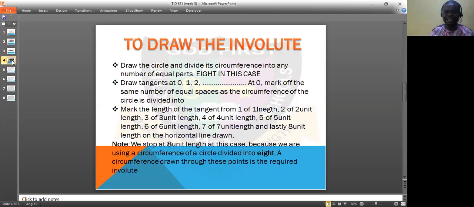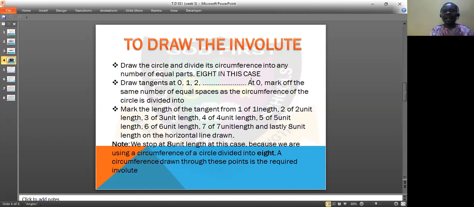The circle is drawn with a radius of 3 centimeters. That 3 centimeters gives you a diameter of 6 centimeters. Don't forget the difference between a radius and a diameter. We've treated those things in our first term. After drawing this circle, it could be divided into 10 equal parts, but in this case, it is 8.